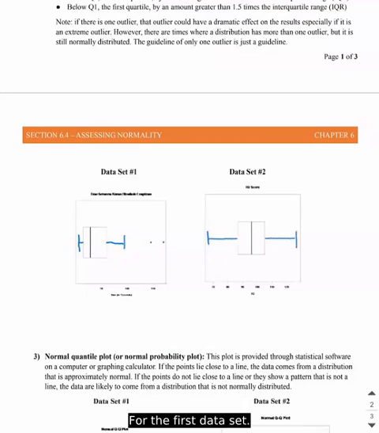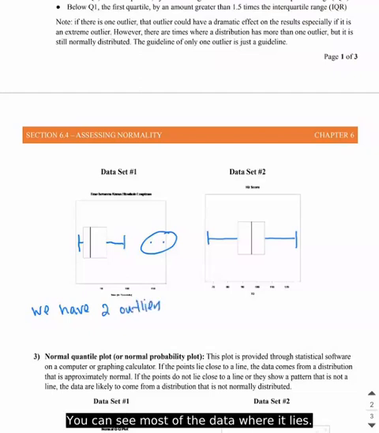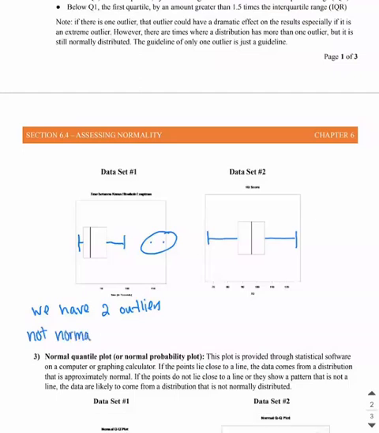For the first data set, these are my outliers on this modified box plot, and it really doesn't look normally distributed. We have two outliers, and you can see most of the data lies elsewhere, not where those outliers are. So we would say it is not normally distributed. It doesn't appear to be.